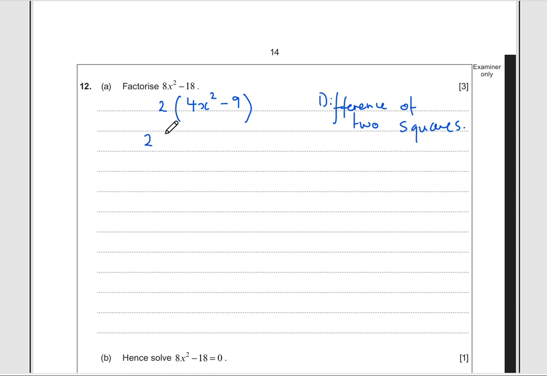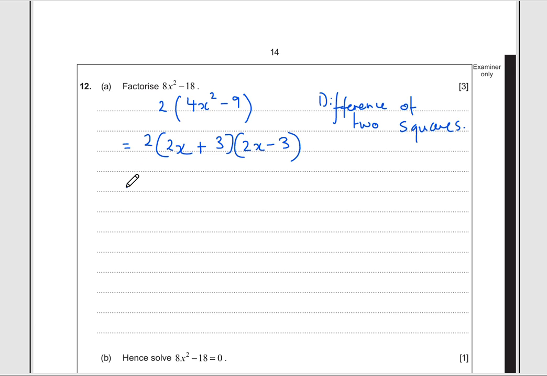To put this into 2 brackets, we square root the first term. The square root of 4x squared would be 2x, so 2x times 2x gives us 4x squared. If we square root 9, we get 3. For the difference of 2 squares, one of my brackets is going to be plus and one is going to be minus, because that will cancel out the middle 6x terms. You might want to multiply that out just to check.